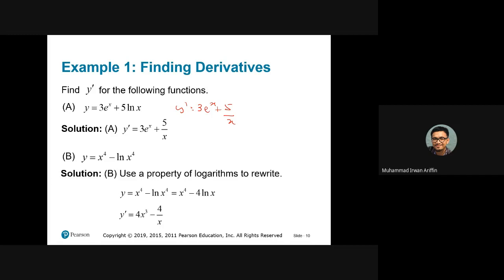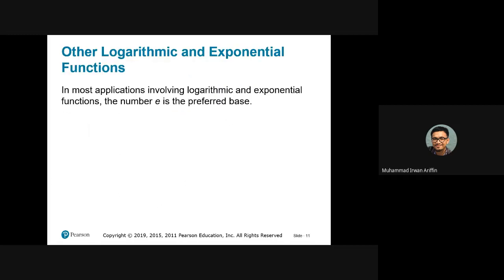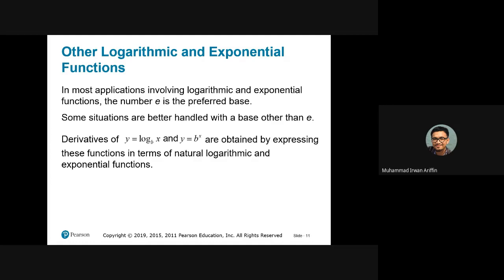So I'm going to leave the other examples to you. In most applications involving log and exponent, usually the natural number E is the preferred base. It's just that in some rare situations, a base other than E is better.